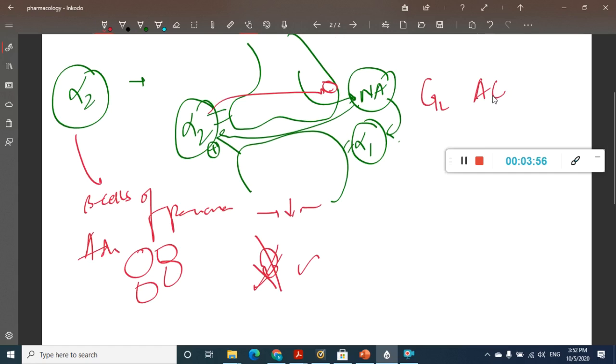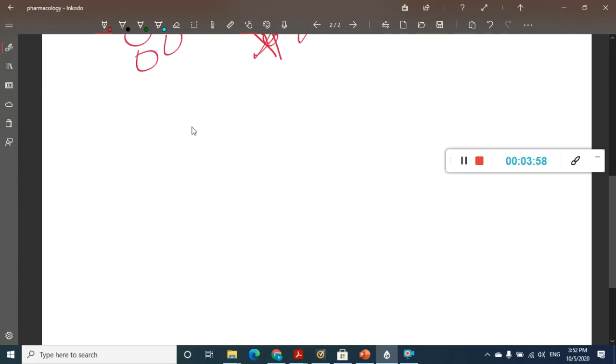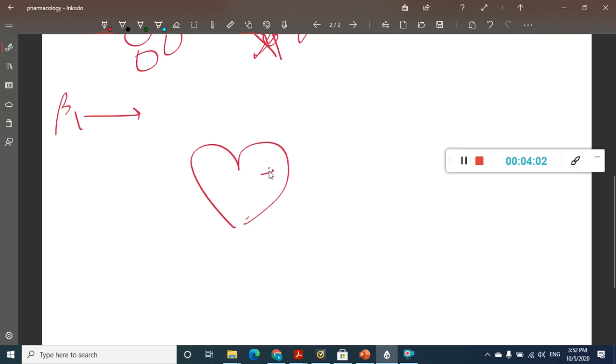Then we have beta 1. Where is it present? It is present in the heart. It is activating everything in the heart. It has a chronotropic effect, so it increases the heart rate. It has an inotropic effect, so it increases the force of contraction.